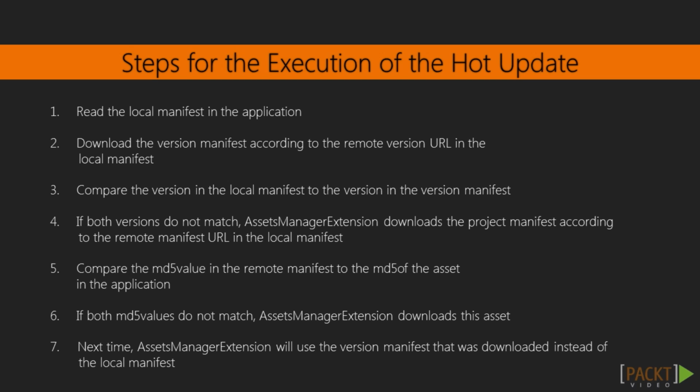Five, compare the MD5 value in the remote manifest to the MD5 of the asset in the application. If both MD5 values do not match, download the asset. Seven, next time, Assets Manager extension will use the version manifest that was downloaded instead of the local manifest.